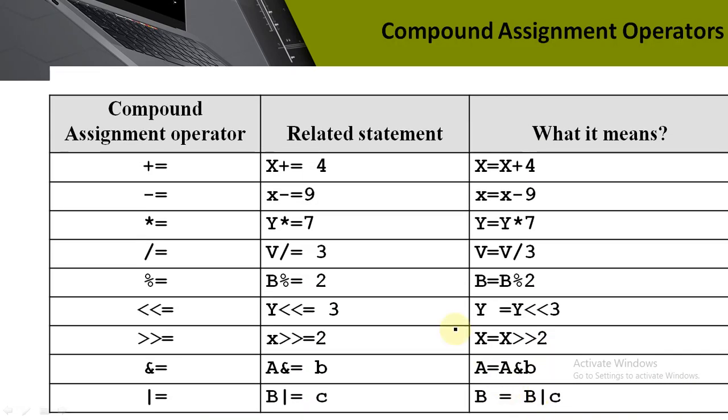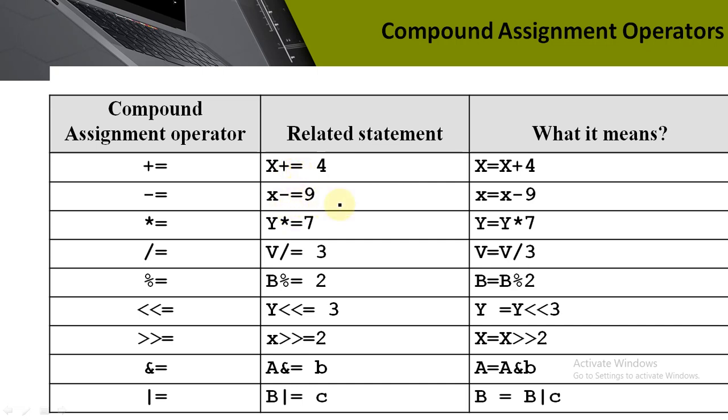Right. Compound assignment operators. Use of these compound assignment operators will show brevity when we start writing the program. Okay, in place of writing x equal to x plus 4, we can write x plus equal to 4. Plus equal to, this is a compound assignment operator, because plus is also there, equal sign is also there, assignment operator is also there.